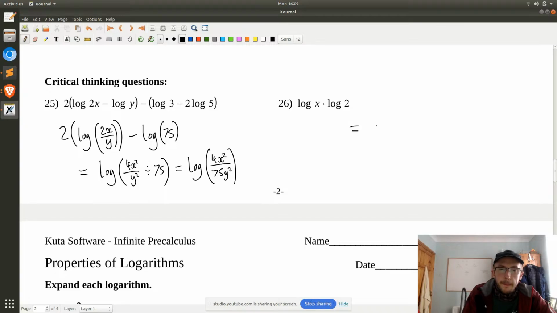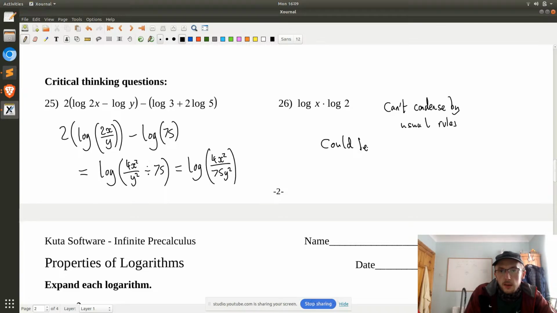Fine. This one here, well, you can't condense by usual rules. Could be this, however. Like that, and now we'll check.